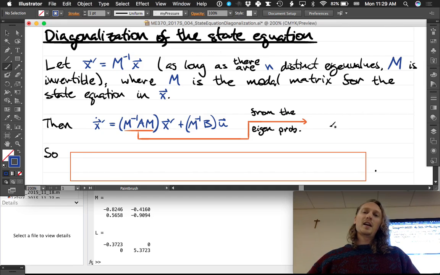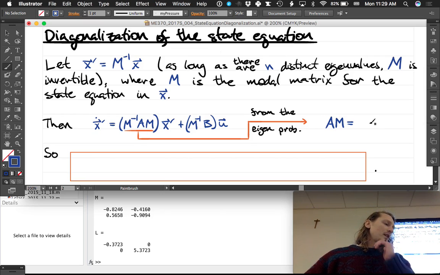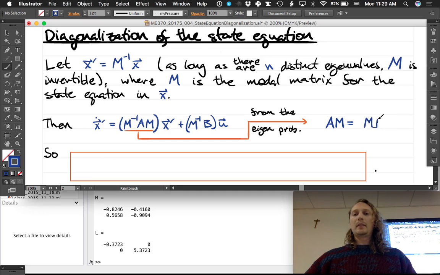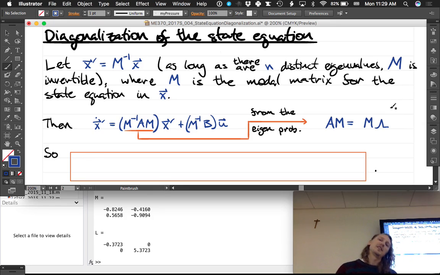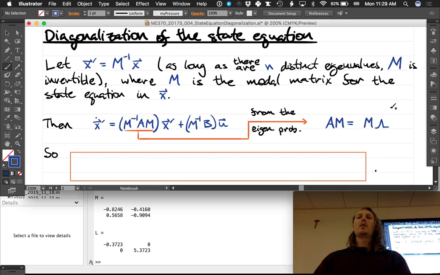Let's say we wrote AM, which is just the rightmost terms of this expression, and we set it equal to, and then we leave a little bit of space because I'm going to insert something there, M lambda. So I'm asserting that this is an equality, okay?